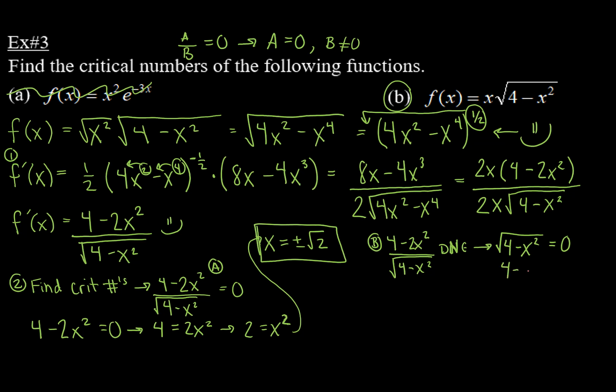So, and that happens when the radicand is equal to 0. And if I solve this for x, I just add x squared to both sides and then take the square root, and I get x equals plus or minus 2. So here I found 2 more critical numbers.